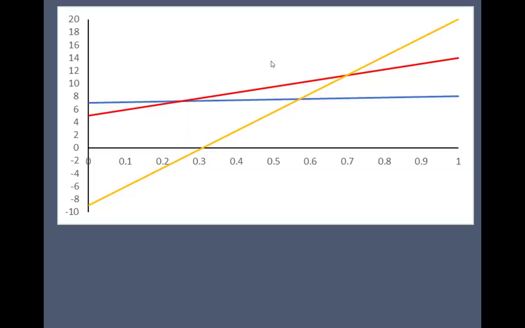Real quickly, I'm going to show you what that would look like if we were dealing with a cost example. So keeping everything else the same, if this was a cost example, well, now we want to choose the lowest possible line. So I can see for my low values, well, over here, the yellow line, or D3, is the best decision. And only at this point does our D1 expected value become the best decision.